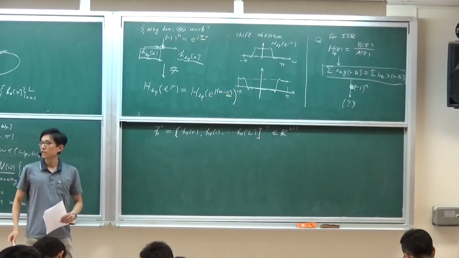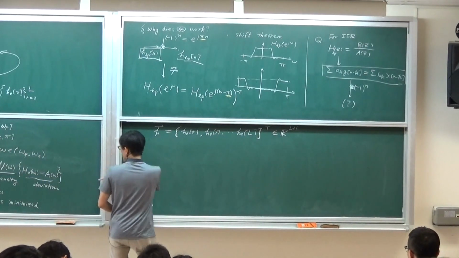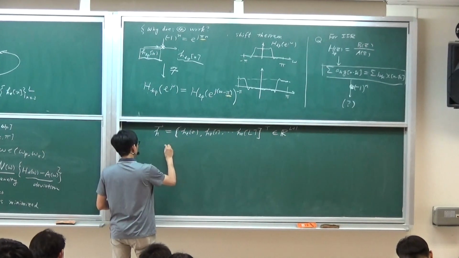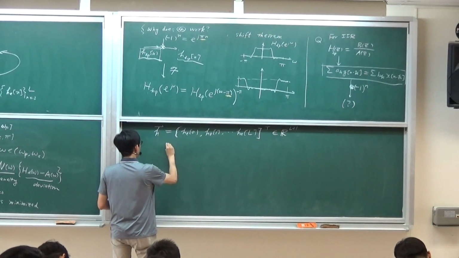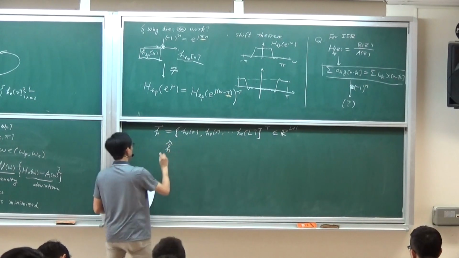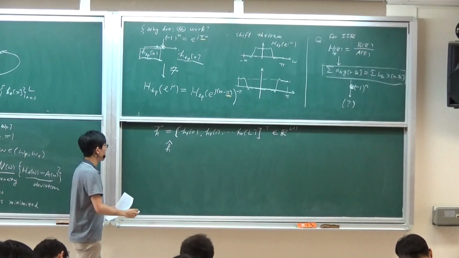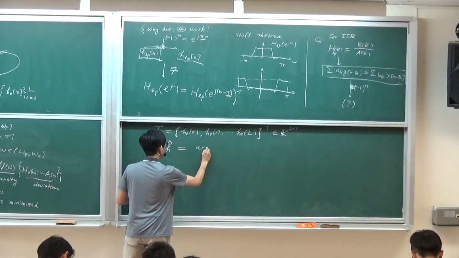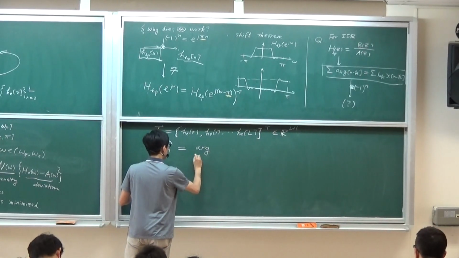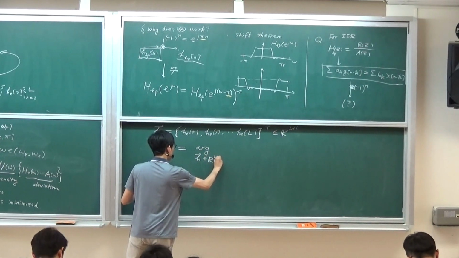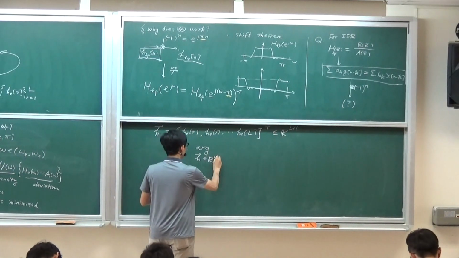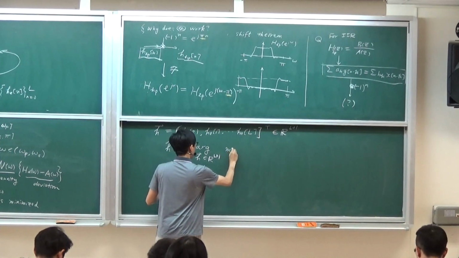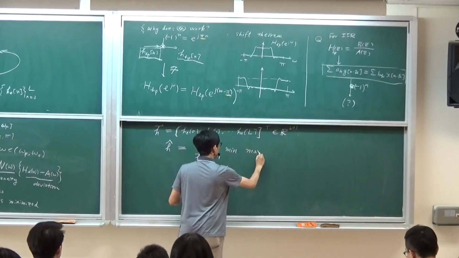So our problem description is that we want to find H, the optimal design, which is the argument in the L+1 dimensional space such that the maximum error is minimized.